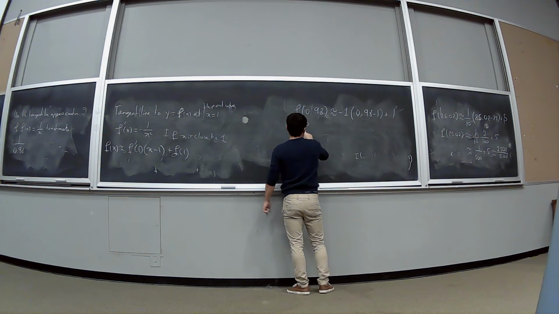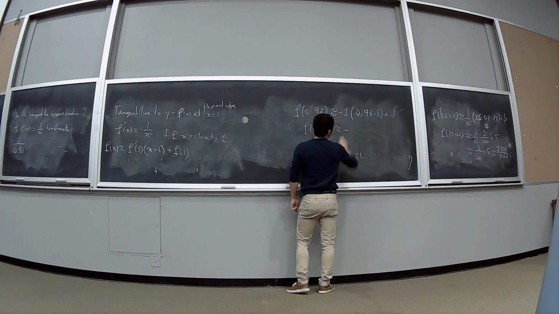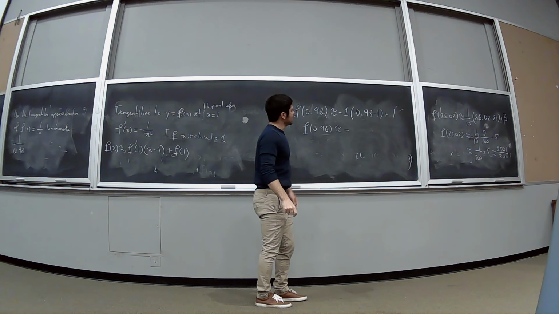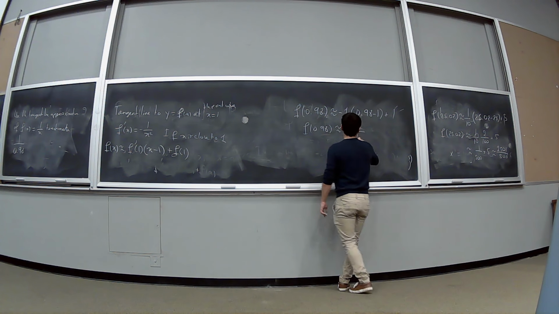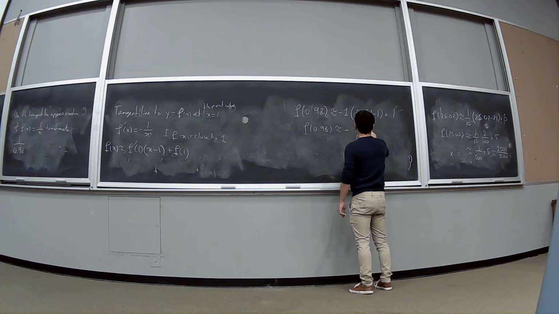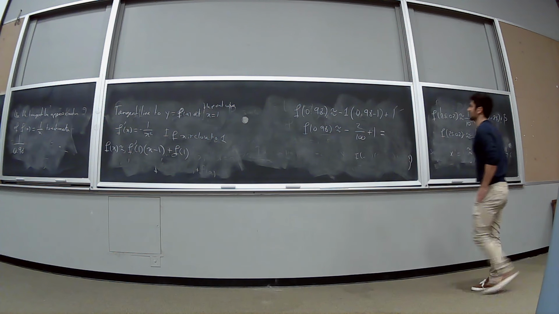So f of 0.98 is approximately equal to minus 0.98 minus 1. What is that equal to? This is also 2%, right? 2 over 100 minus 2 over 100. I mean, this is not plus 1. What do you get? Wait, what? Yeah, you get 98. Is that what you get?